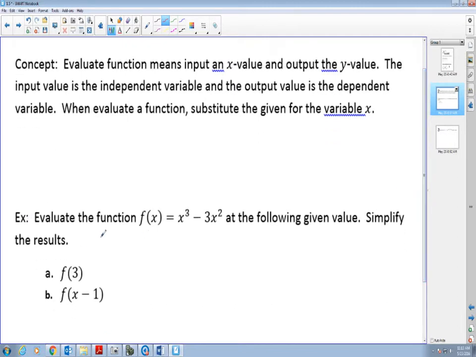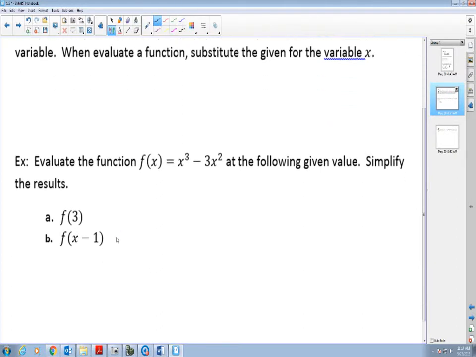So let's say here we have a cubic function, and a cubic function generally looks something like this, and it will pass the vertical line test. That means anywhere on this cubic function there are no repeated x values. All right, so let's substitute a 3 for x, and let's see what the y value is.